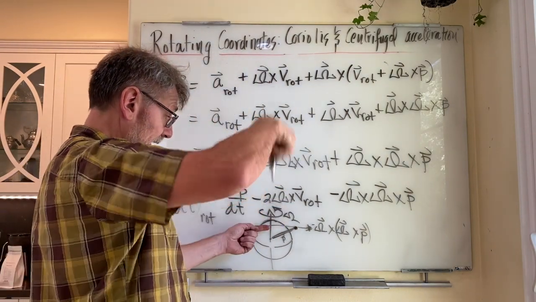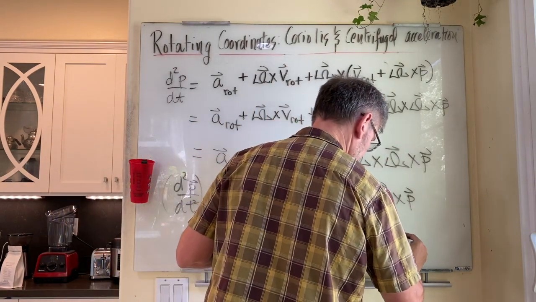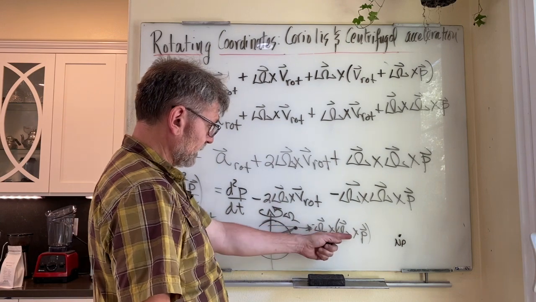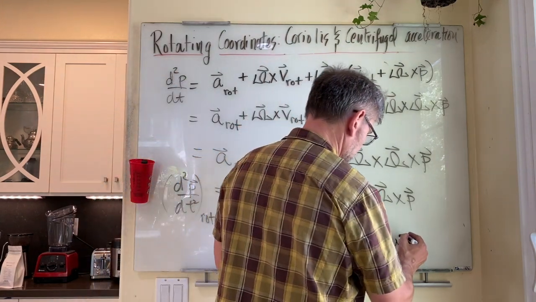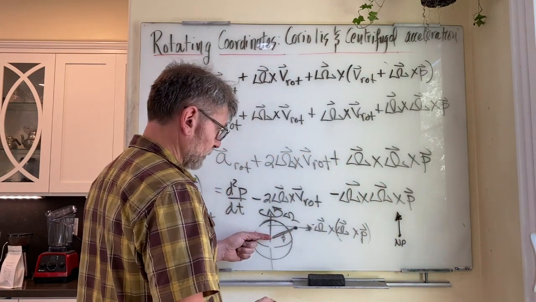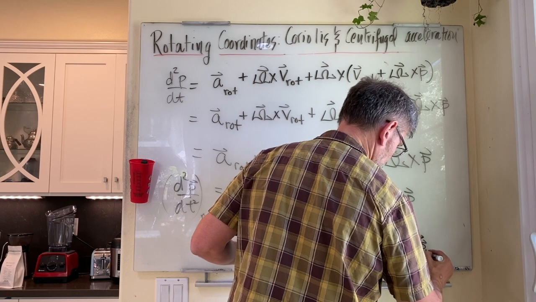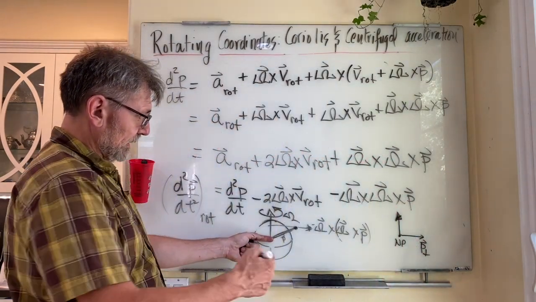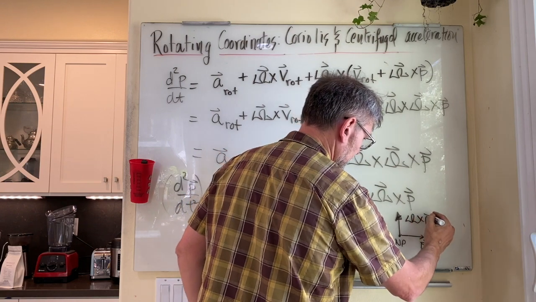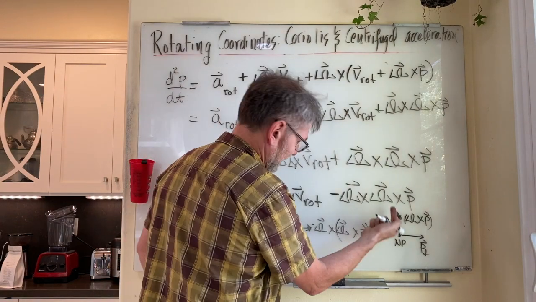Now if I look down on the Earth from the North Pole, the omega cross P is in this direction. And P, remember, was the projection in the equatorial plane, P perp. We're looking down around the North Pole. This is omega cross P, into the board, or looking down, it's in this direction.